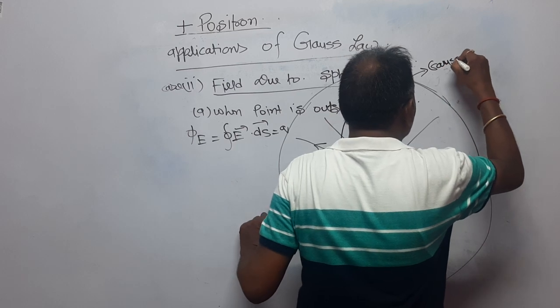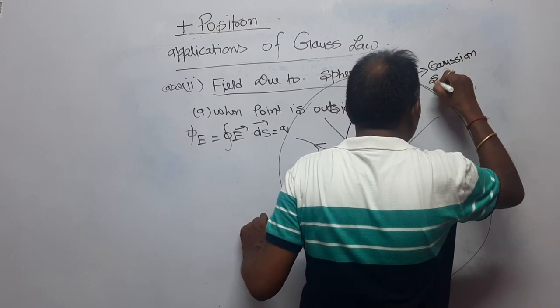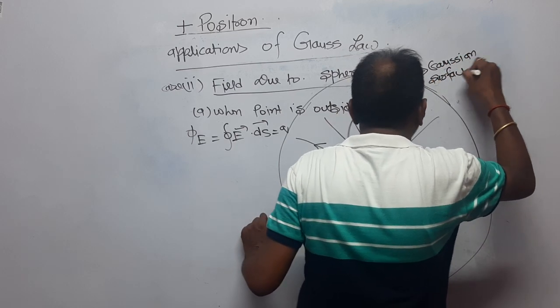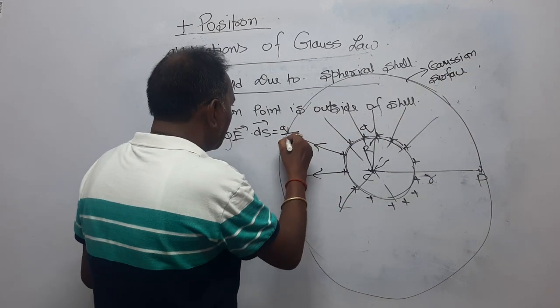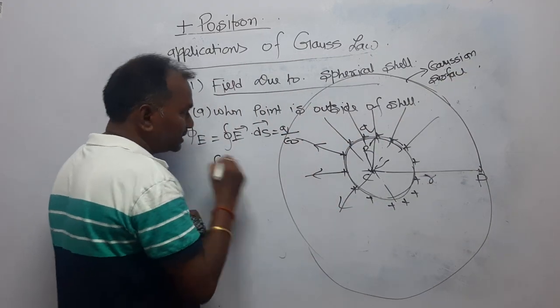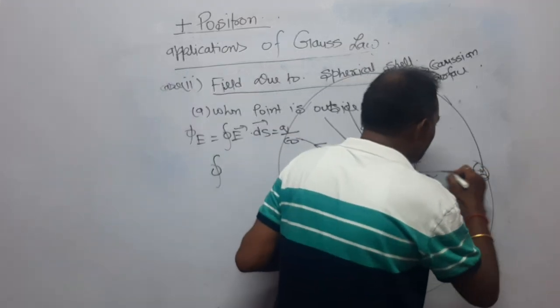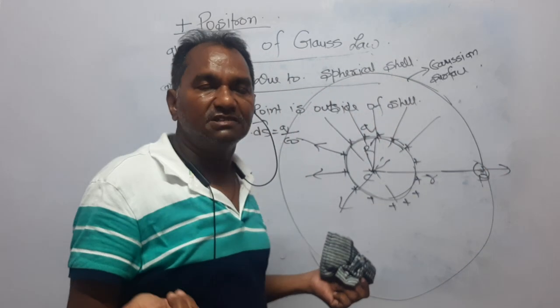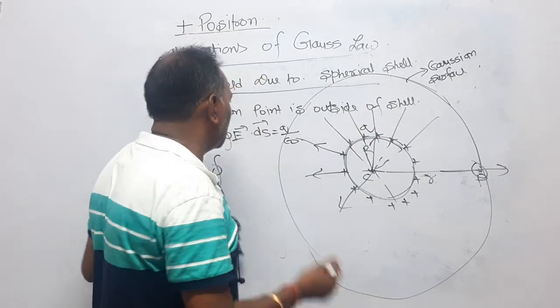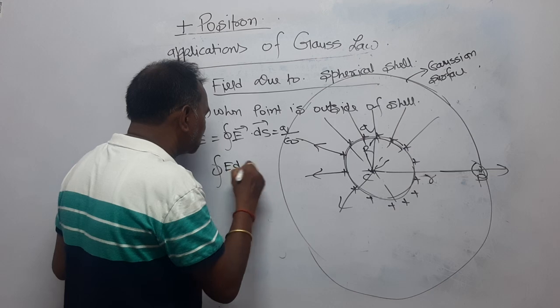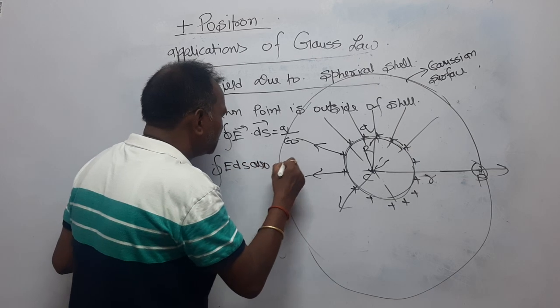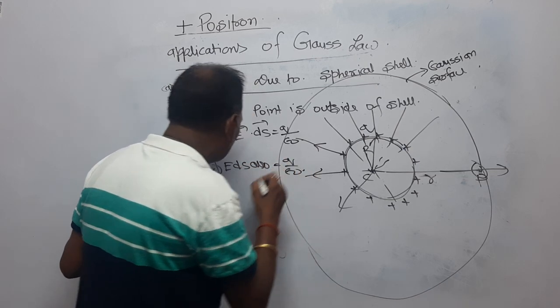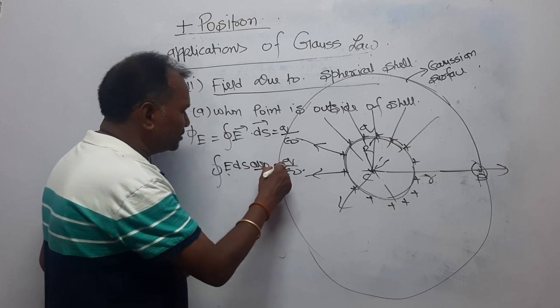This is our Gaussian surface. Q upon epsilon naught. Now again, at this very point, E and ds will be in the same direction, as in the previous topic we have discussed. Integral E ds cos 0 is equal to Q upon epsilon naught. Cos 0 is 1.